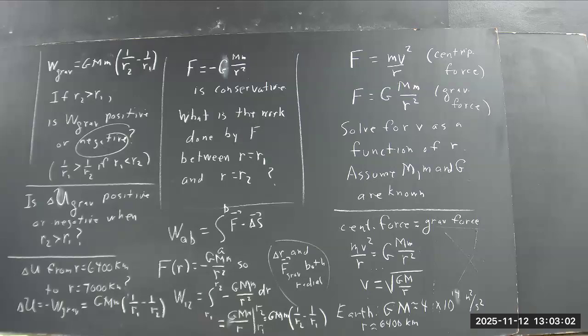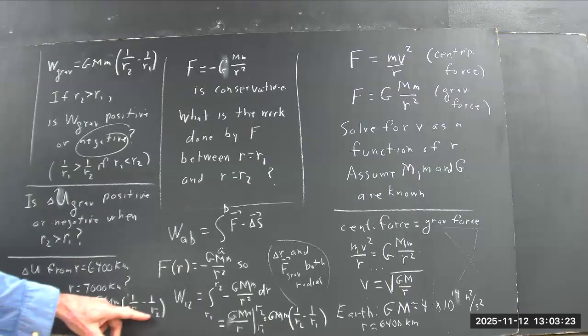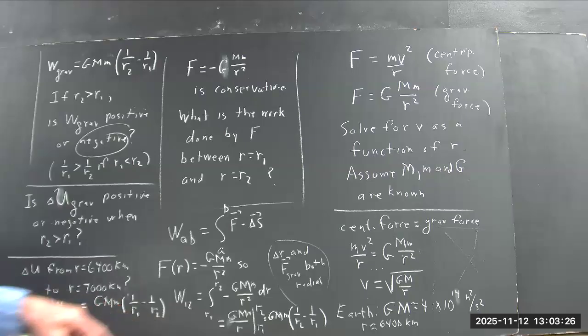Well, from 6,400 to 7,000 kilometers, of course, I'm just going to plug in the 6,400 kilometers here and the 7,000 kilometers here, and you're going to get a positive or a negative change of potential energy.